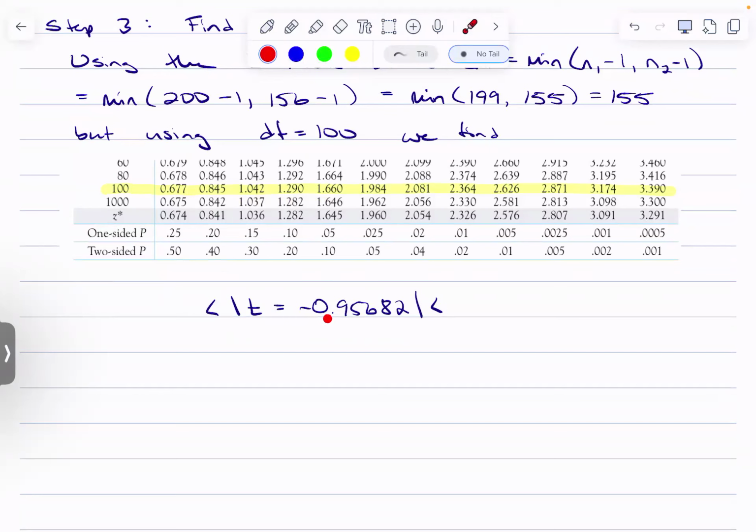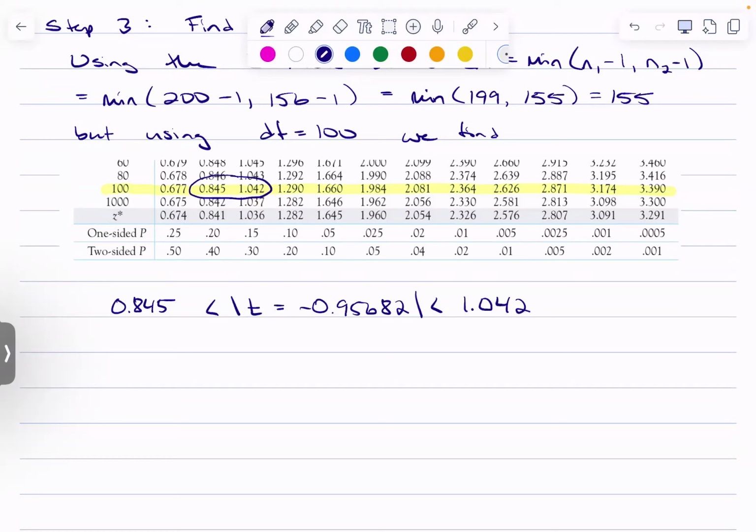Now, I dropped the negative. 0.95682 puts me somewhere here. So I write those down, somewhere between 0.845 and 1.042.